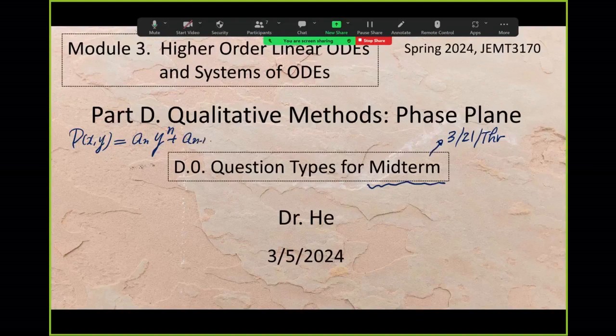a_{n-1}, sorry, a_1 y, a_0. Given this polynomial, now I ask you to solve the ODE in this form.